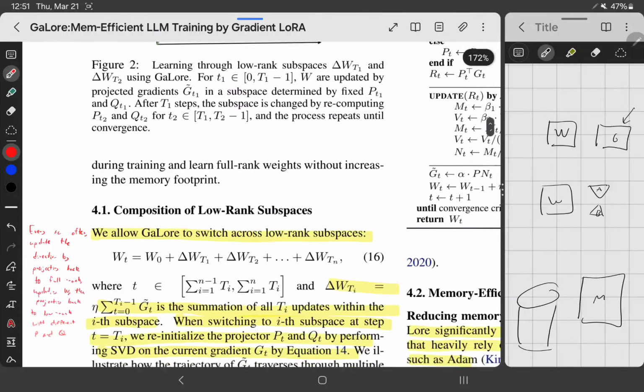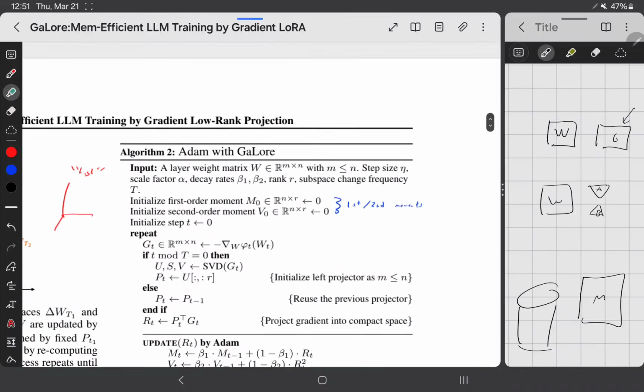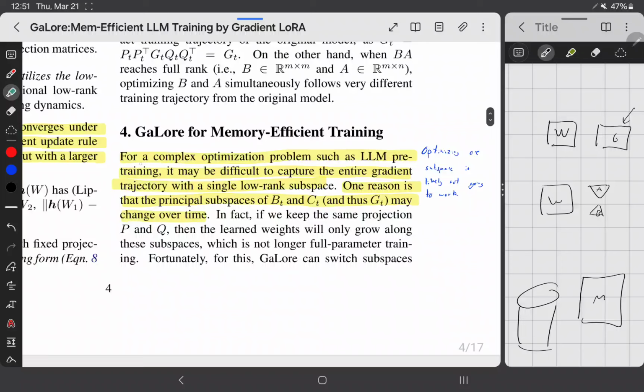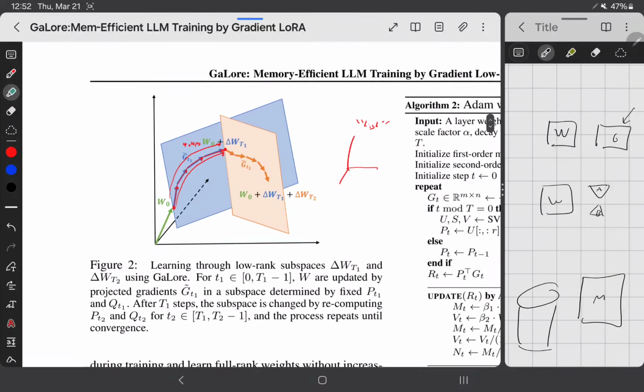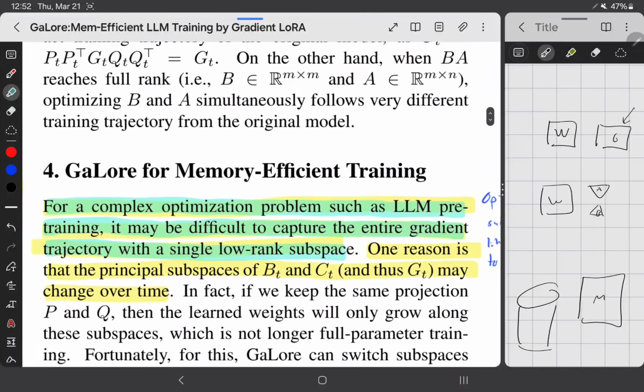Now, one thing they mention up here is that for a complex optimization problem such as LLM pre-training, it may be difficult to capture the entire gradient trajectory with a single low-rank subspace, which is intuitive because you're just walking along this same space and you don't need to optimize it anymore up to a certain point.